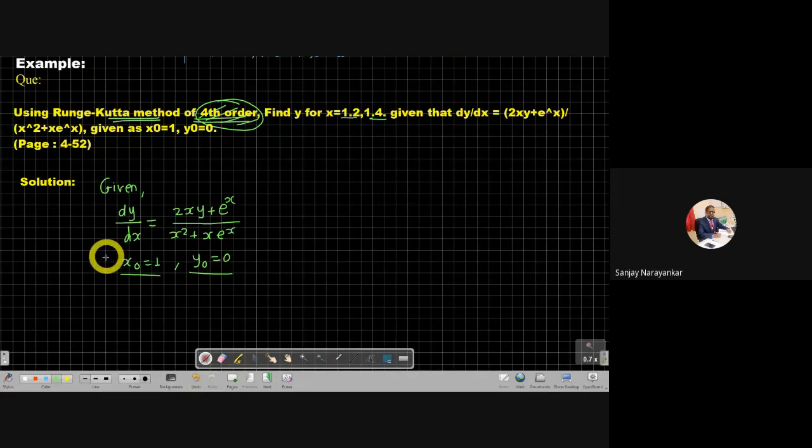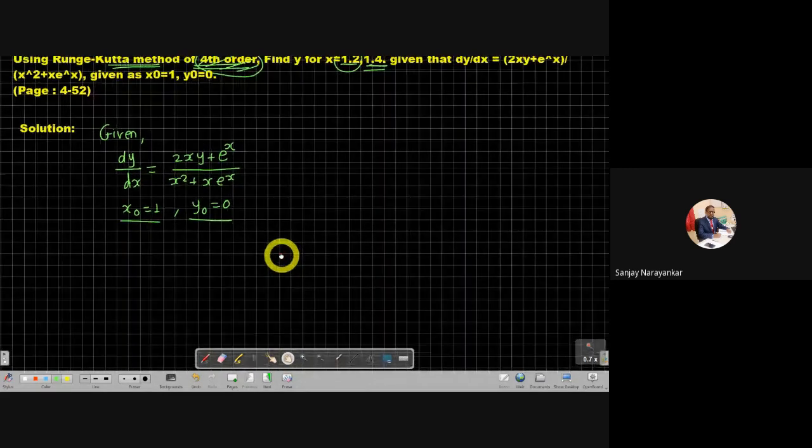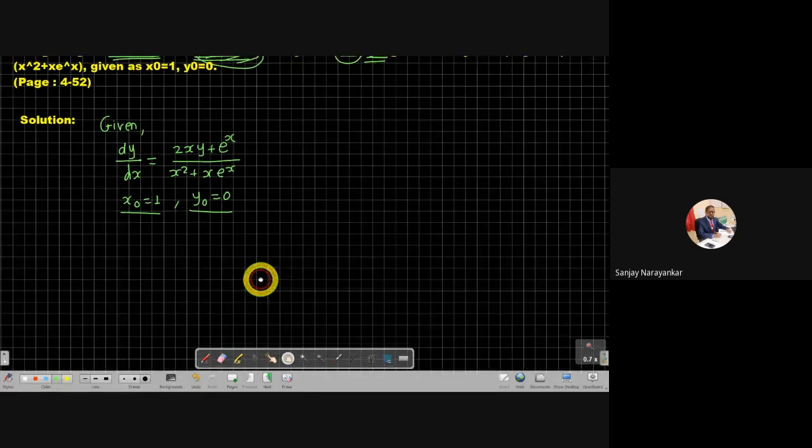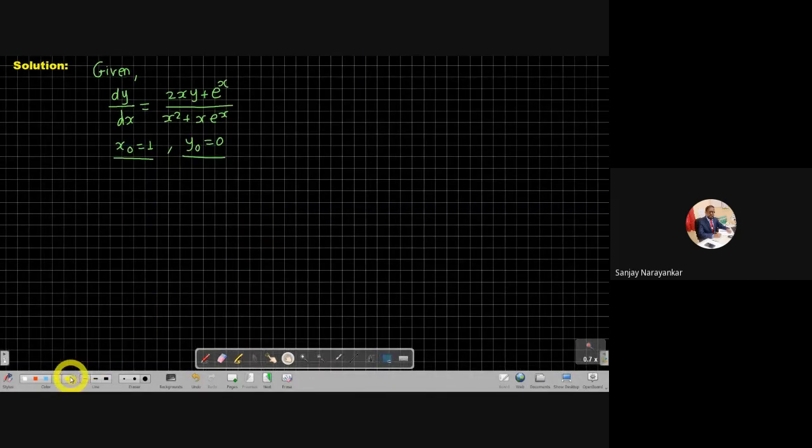Fine. Now I'll explain for 1.2. You just solve for 1.4. Okay. Tell me, what's the next step? These are the given data. Tell me, students, how to solve? Finding h. So first of all, you have to write f of xy.